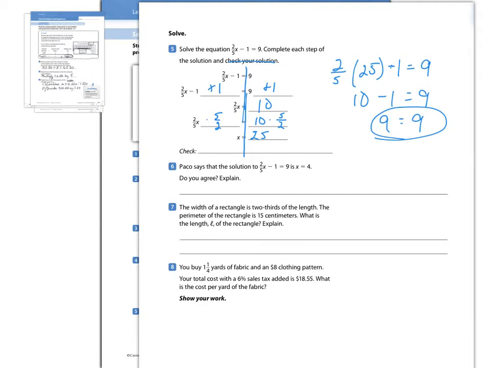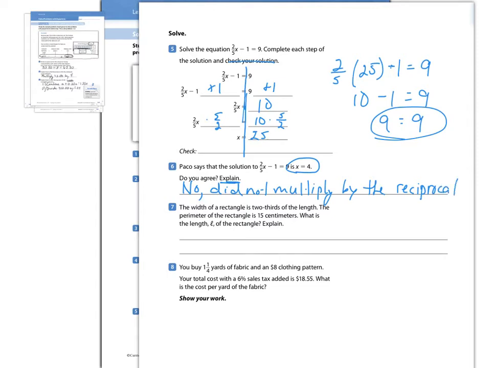Number 6, Paco said the solution is 4. Do you agree? Obviously, no. Now, if we try to analyze what Paco did, what I notice he did to get an answer of 4, he did not multiply by the, and I'm just going to use the term reciprocal.